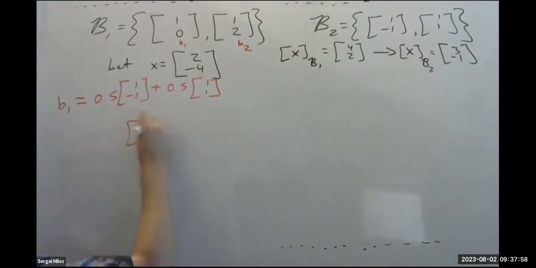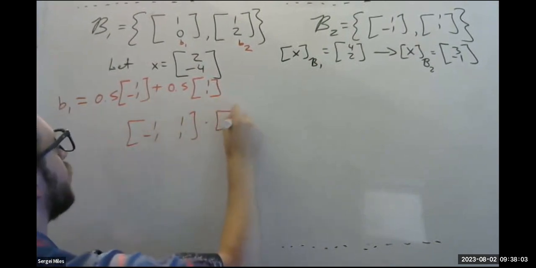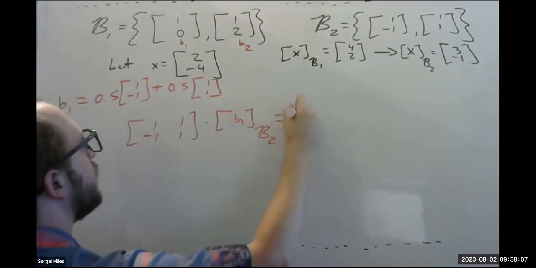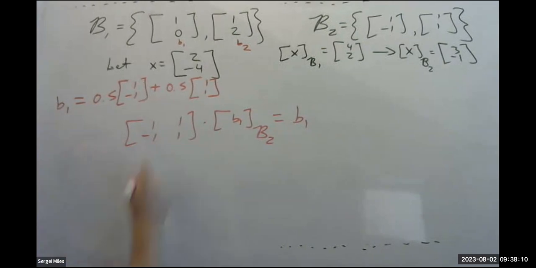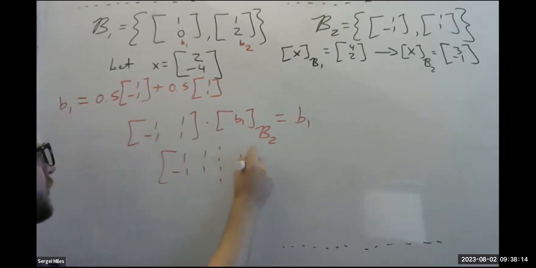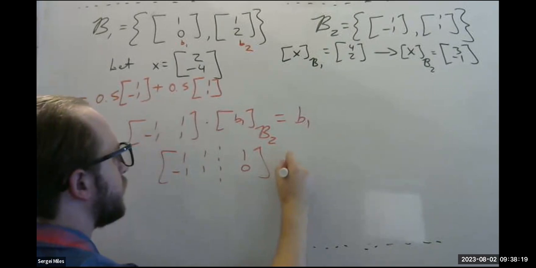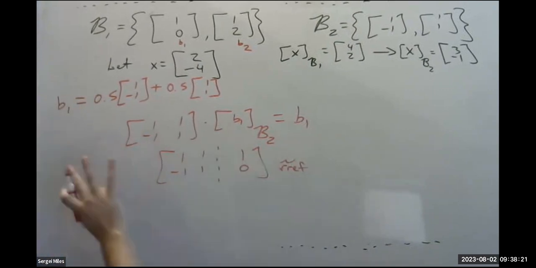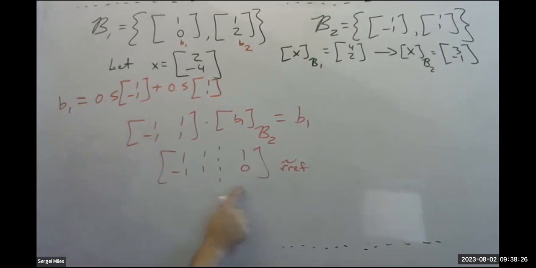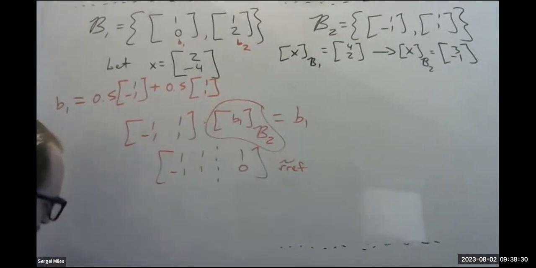You want to solve for b1 in terms of the B2 basis. You could go through this whole process and double check my answer here. But long story short, I'm skipping over all the steps just for the sake of time. This is how you find b1 in terms of the other basis.